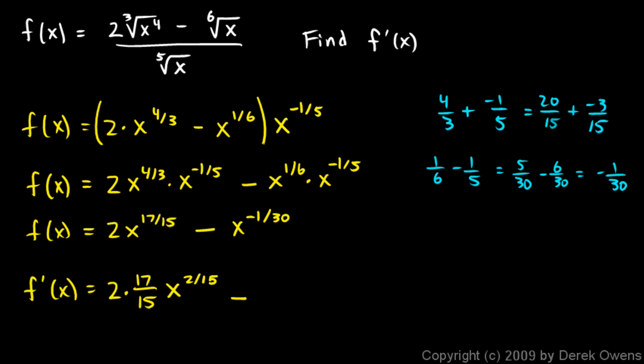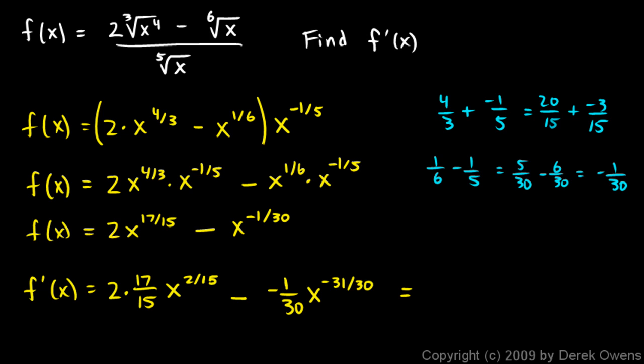Then minus, and I do the power rule right here. I get negative 1/30 times x to the power of this minus 1. So negative 1/30 minus 1 is going to be negative 31 over 30. And then I'll just simplify this one last step, get a single number there and take care of these negative signs.